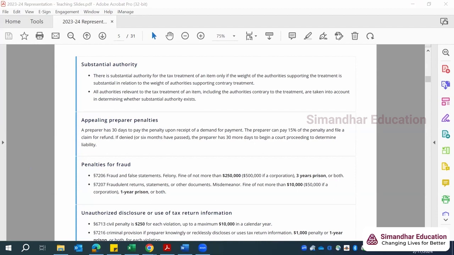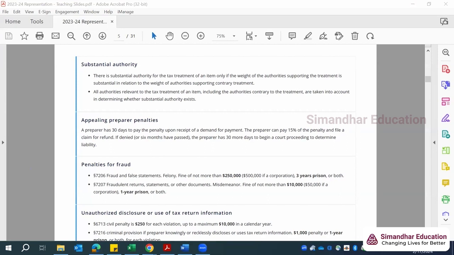Or they are going to decide that whatever the IRS has done is not correct and the taxpayer is not supposed to pay the penalty. So the court here is deciding whether one party is right or wrong, and based on that, they give the decision. All right.